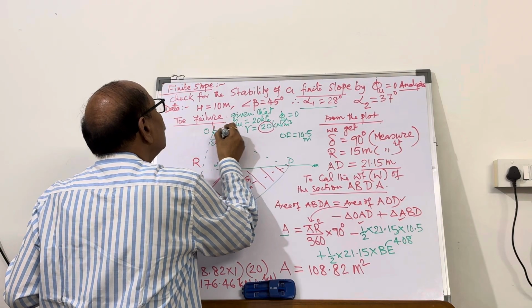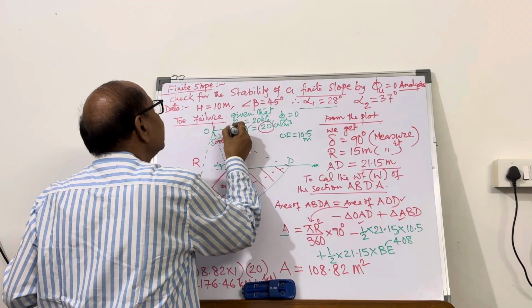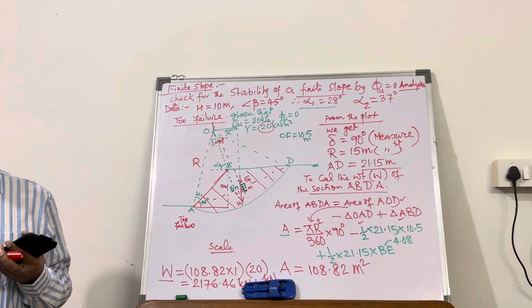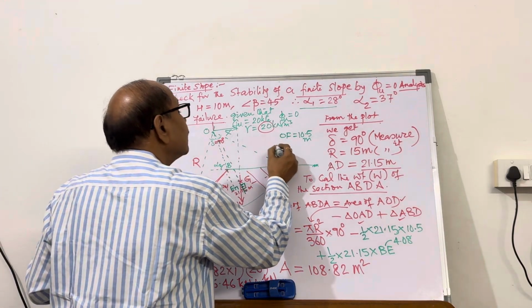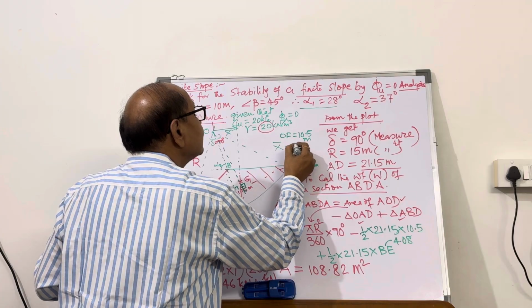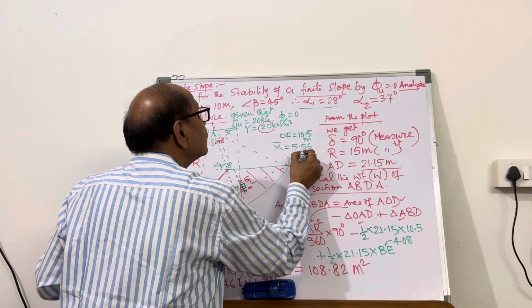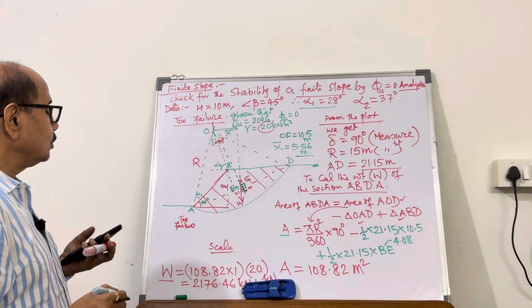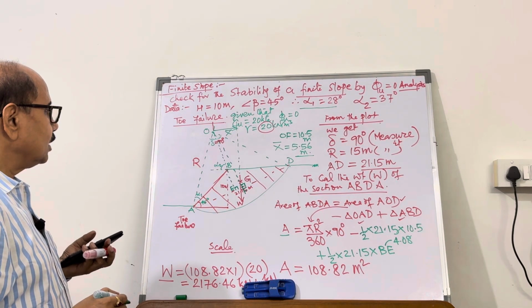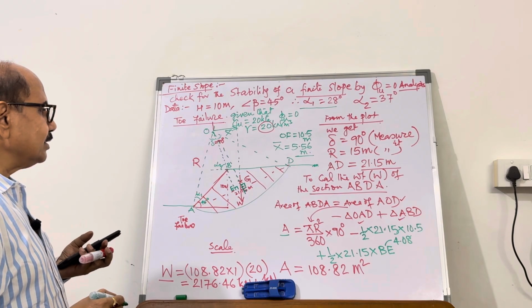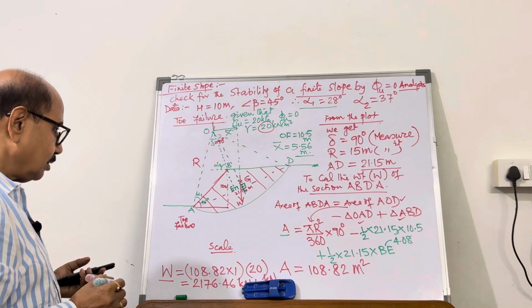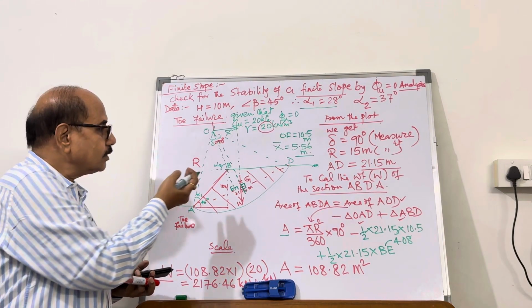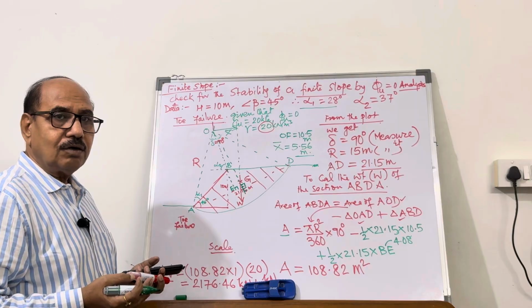And from O up to this is going to be x bar. Measure it. If you measure x bar, you will be getting 5.56 meter. So friends, the line of action from O is at a horizontal distance of 5.56 meter. So see how simple you can solve this on a piece of paper.